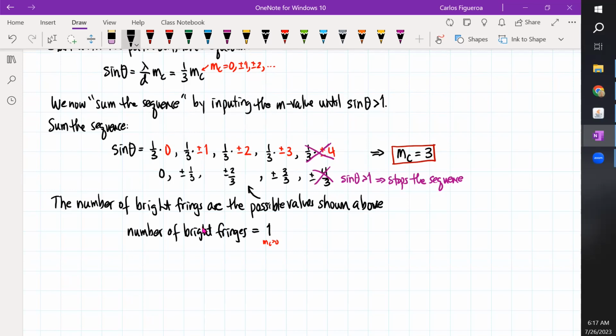Then note that each of these values has 2 because of the plus and minus sign. Because we have a plus and minus sign, I have to double count them. And then the sequence goes all the way to MC.